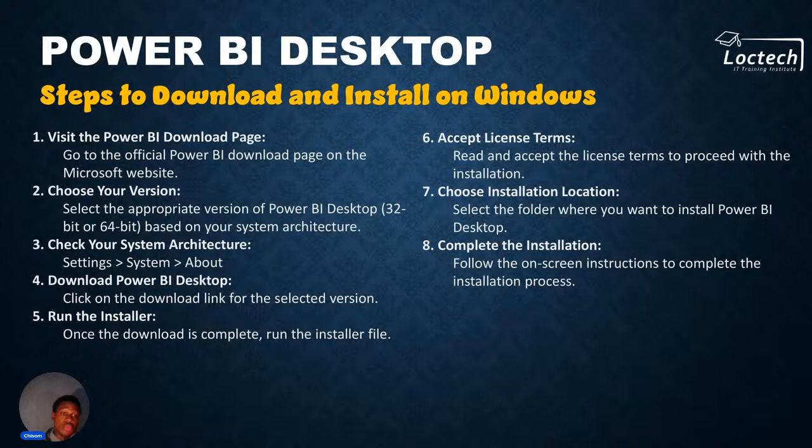Steps to download and install Power BI on your Windows. These are the steps. So please, you guys help me and screenshot these steps. So you just have to visit the website and ensure that you know your system's architecture, whether it's x64 bits or 32 bits. Just download the exact one for your system.